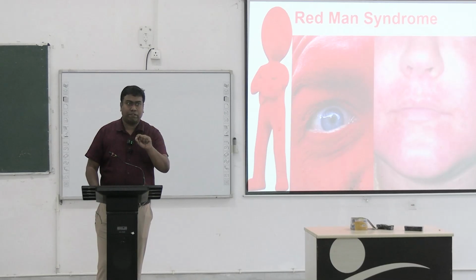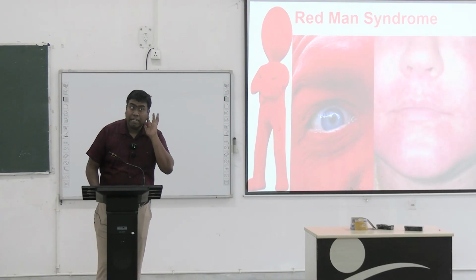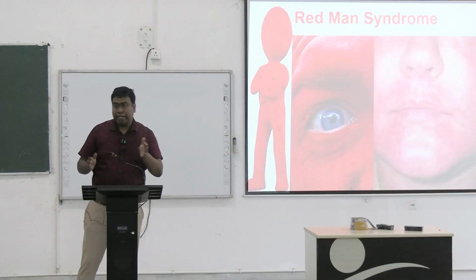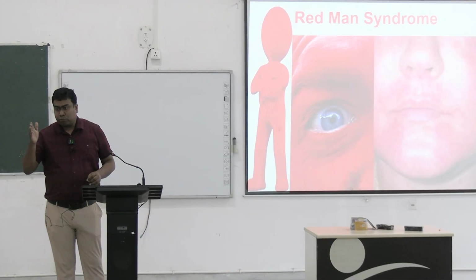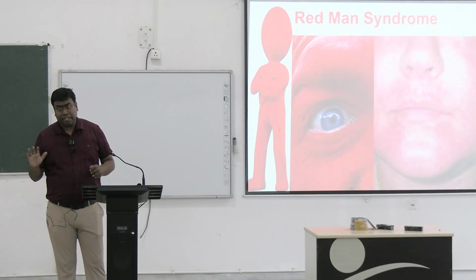Idiosyncratic type of bone marrow suppression. What is idiosyncrasy? Dose independent. Very good. So it is not that up to 10 milligram there is no bone marrow depression, above that there is bone marrow depression. It is not like that.